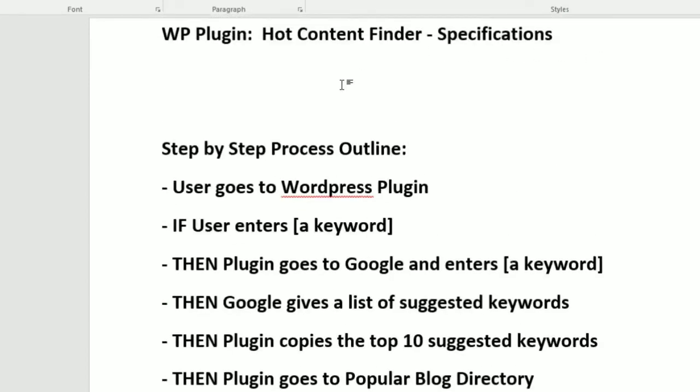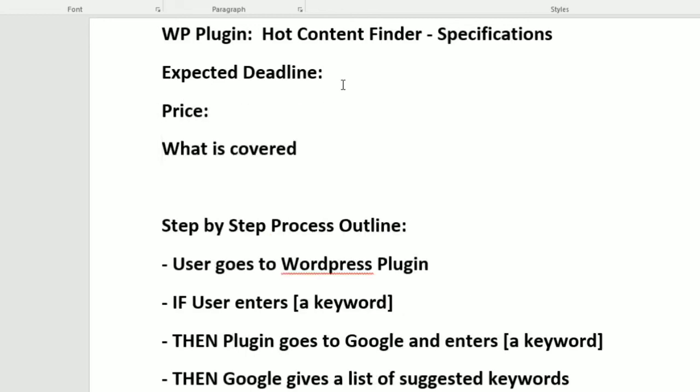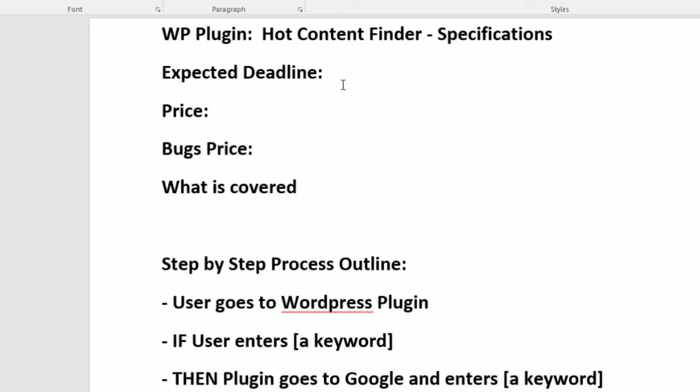Now you still need to write down the deadline, and this is something that you're going to agree upon with the programmer. Expected deadline, what is covered for the price. So price, bug, price, because that's something that most people don't think about.